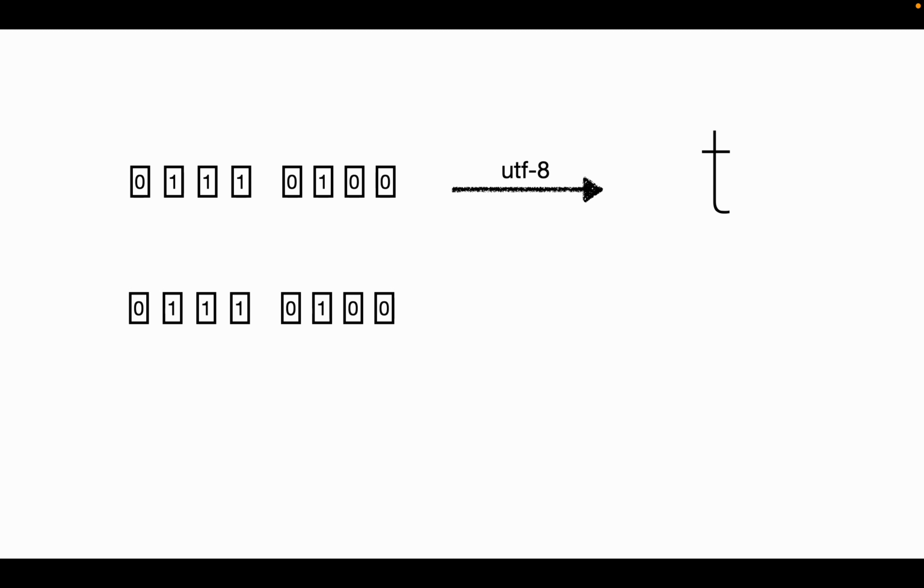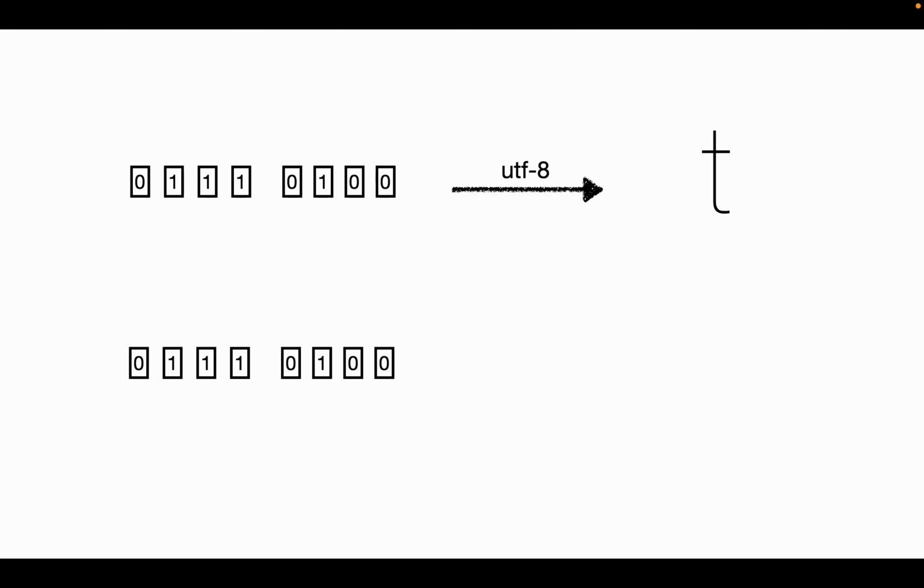Now, if we take the same data and we define our own character encoding, let's call it X. It's actually pretty easy to create a character encoding. Let's say that we define this byte to show the character 5.